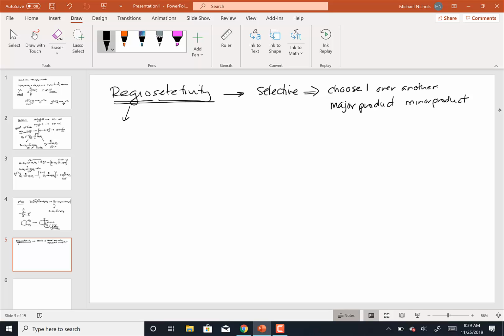Regio means that of the products I'm choosing from, they are structural isomers. And structural isomers means that the atoms are bonded differently.